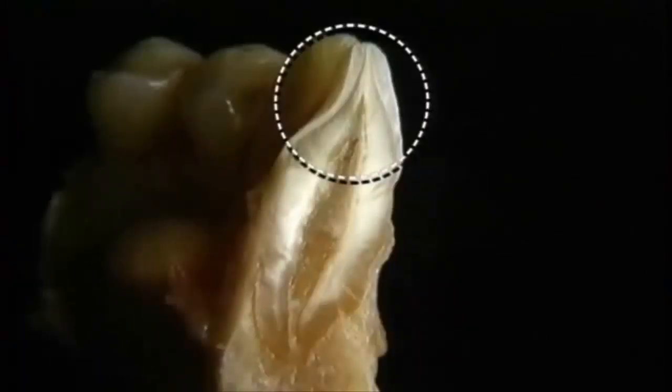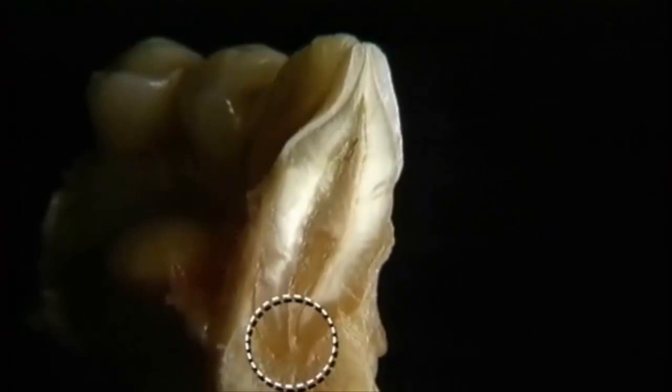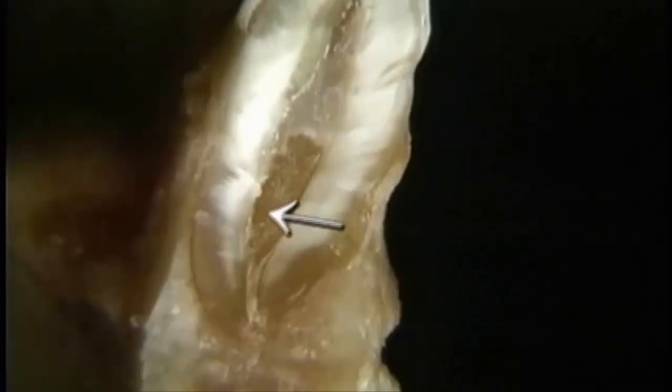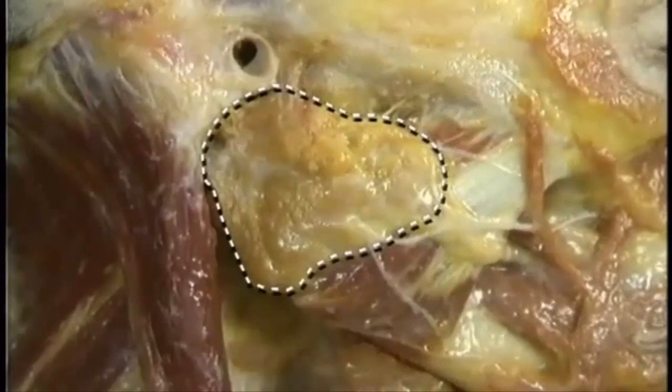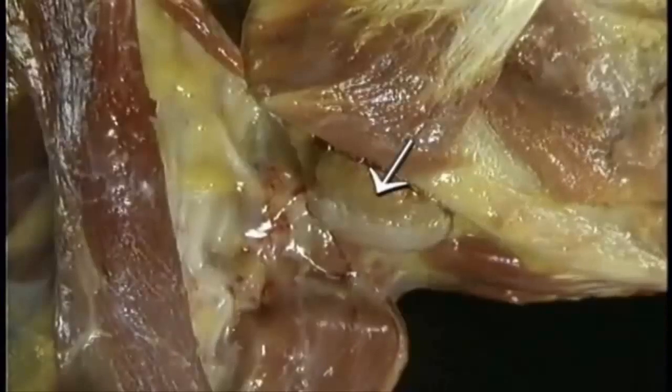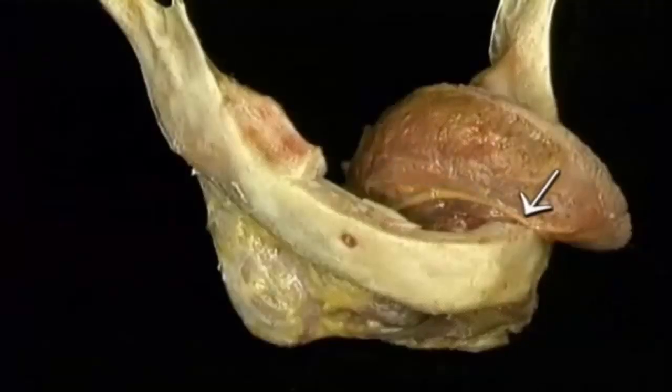Here's the crown of the tooth, the root, and the apex. Here's the neck, here's the pulp cavity, here's the apical canal, and the periodontal membrane. Here's the parotid gland, and the parotid duct. Here's the submandibular gland, and its duct.